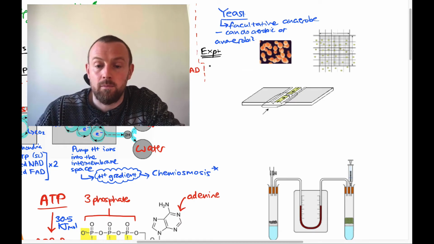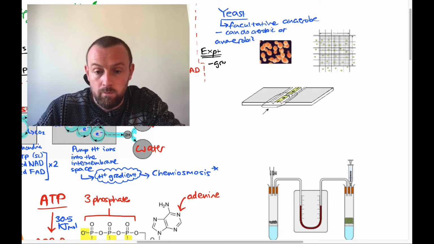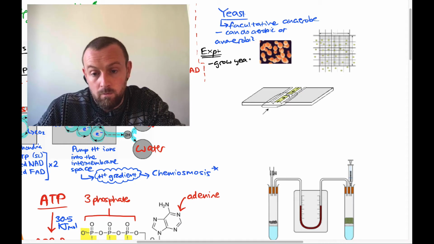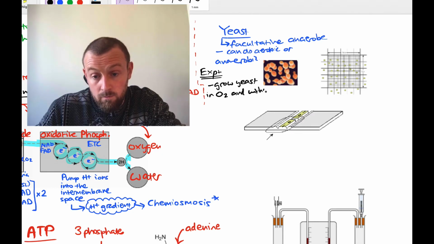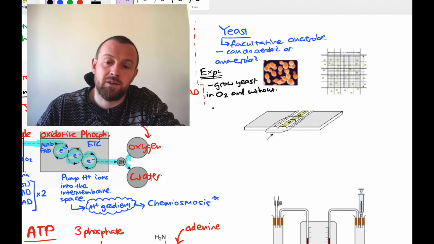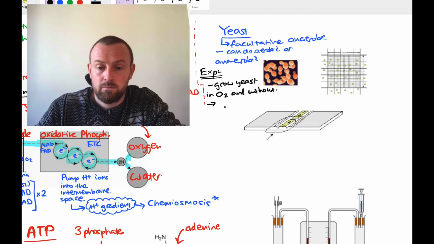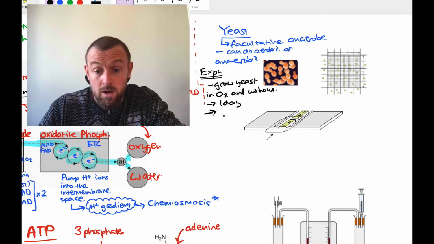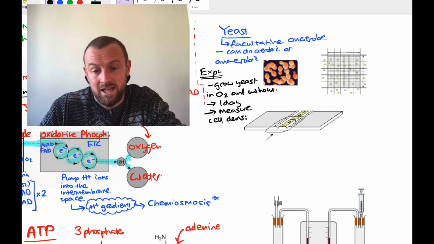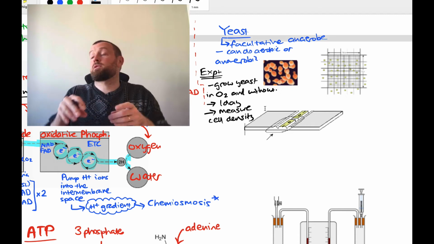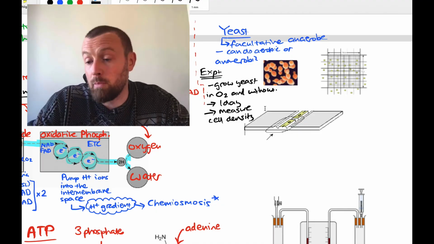We would grow yeast in O2 and without, and then we'd give it some time, maybe a day or something, and then measure the cell density in culture, because this yeast would be growing in a little flask, a little bottle.